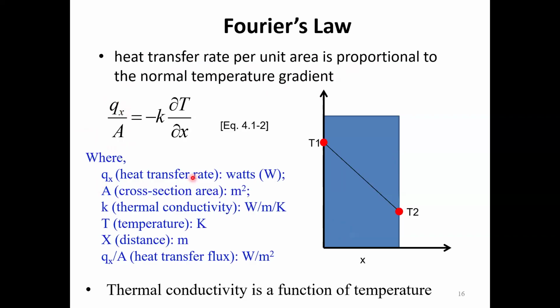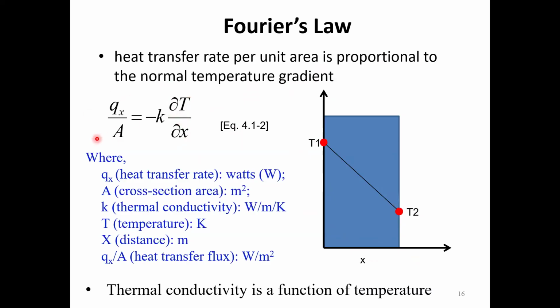Qx here represents the heat transfer rate per unit area. Let me get to this area again. The normal temperature gradient is delta T by delta X. As X changes, T changes, so that's your temperature gradient.